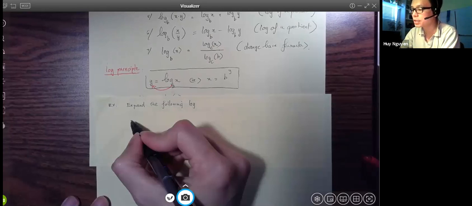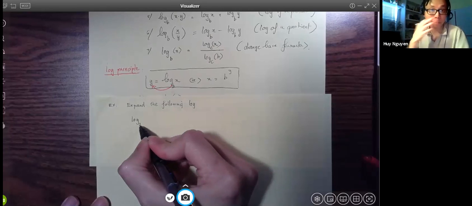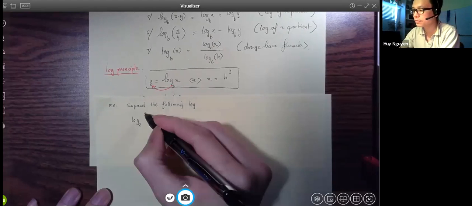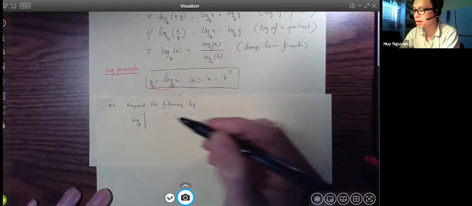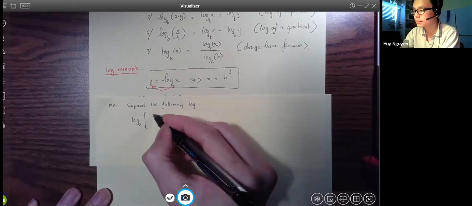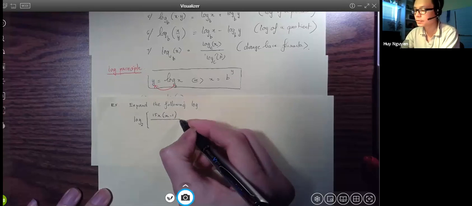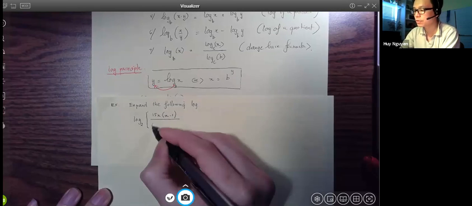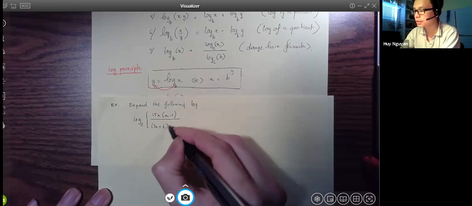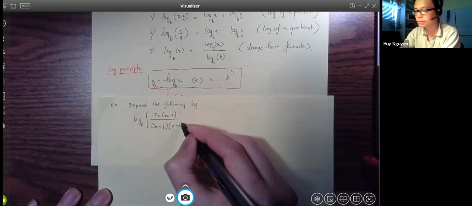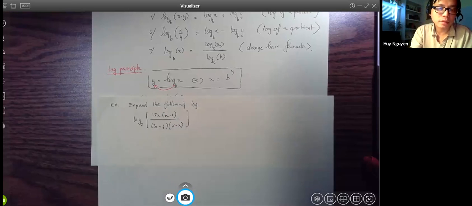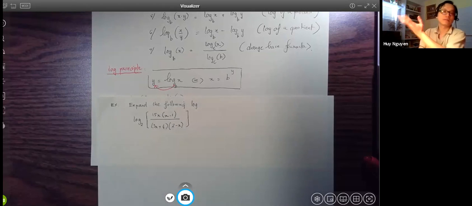If I have log base 2 of 15x times (x minus 1) over (3x plus 4) to the power 2 minus x. What if in the homework or in your test you see something like this? How are we going to do that?